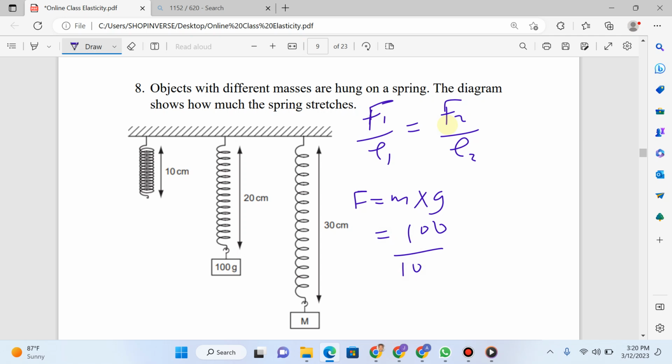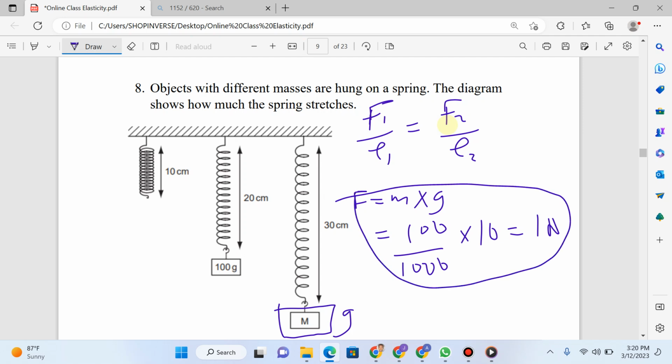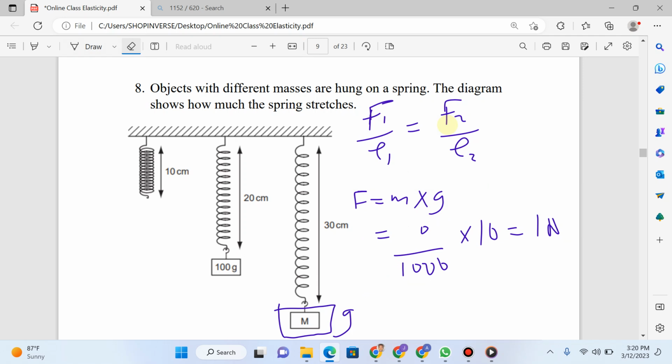I'll divide by 1000 to convert to kilogram, then multiply by the gravitational field strength, which is 10, and this will give me 1 Newton. But we don't need to pass through this process because our M, which we are looking for, will be given in grams. So we don't need to do all this conversion. Let's just use the value in grams to represent our load, the force that causes the extension.